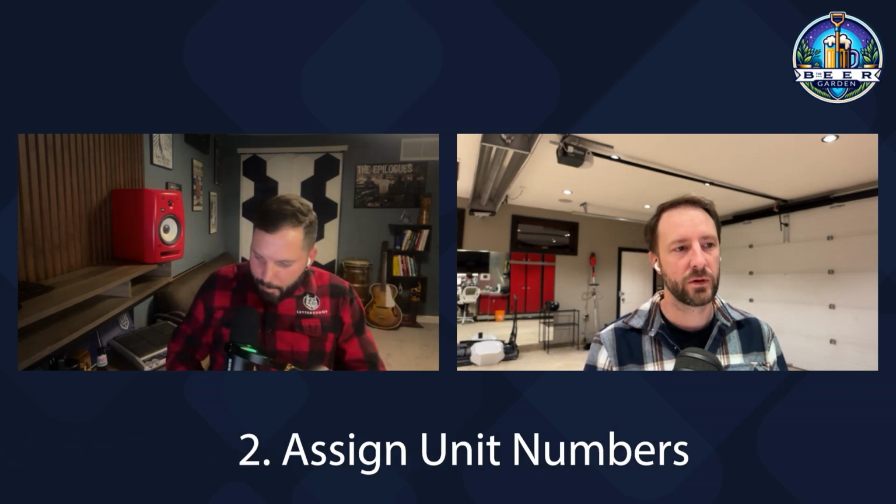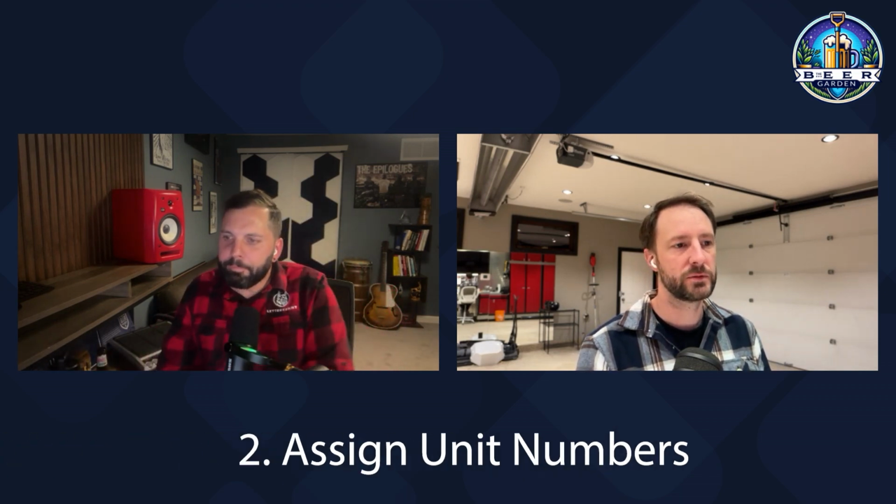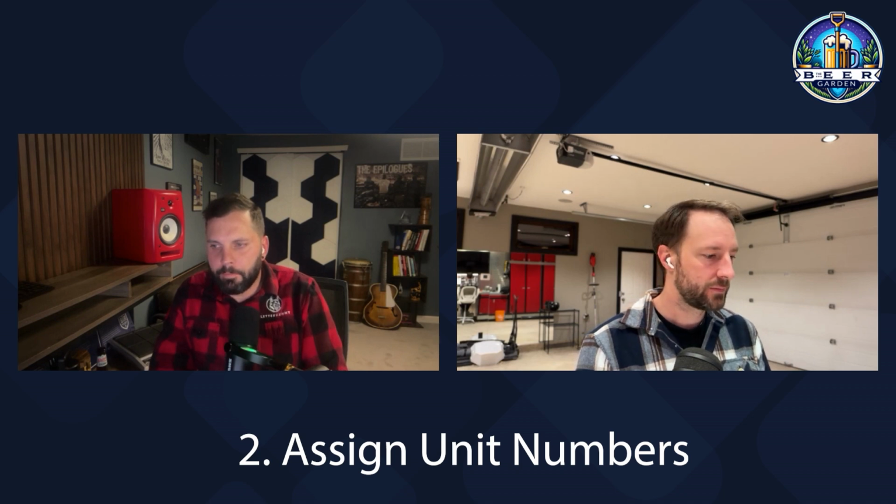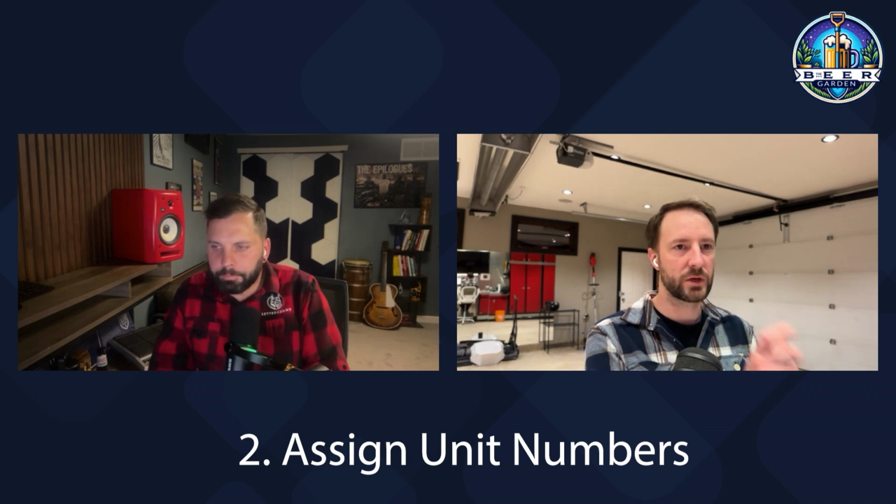is that you're going to have to come up with a naming convention for giving unit numbers to your trucks and equipment. So all that means is, what is the code? Is it just going to be numbers, letters, how many letters and how many numbers, whatever it's going to be? You want that standardized across the company.